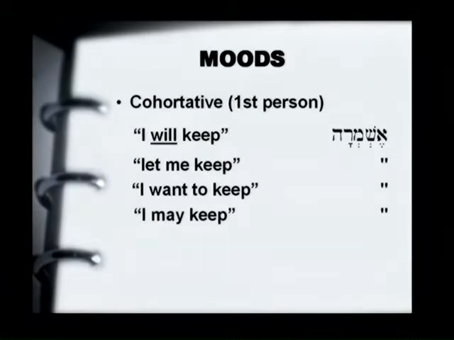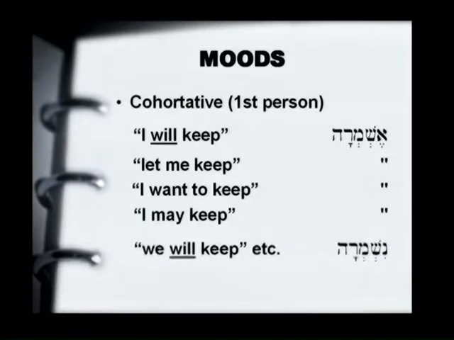That could indicate your own volition, or it could indicate the idea of potentiality. We will keep, and you do the same thing in the plural. We will keep, meaning we determine to keep. Let us keep. We want to keep. We may keep. Those are all legitimate translations of the cohortative. And again, you choose which one by context. Context is what determines it.